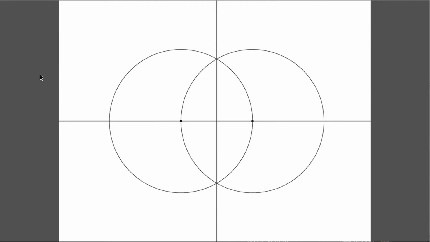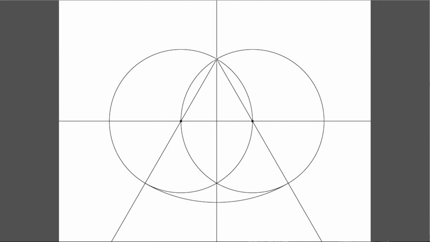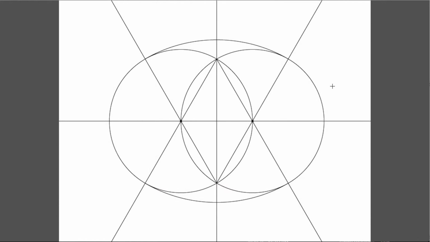It comes from Euclid. If you draw a straight line from this point to this point and continue it out, you get this. And if you do the one on the other side, and you put the compass point here and measure this distance and make an arc this way, and do the same thing on the other side, you have an oval. So this is how you make an oval.